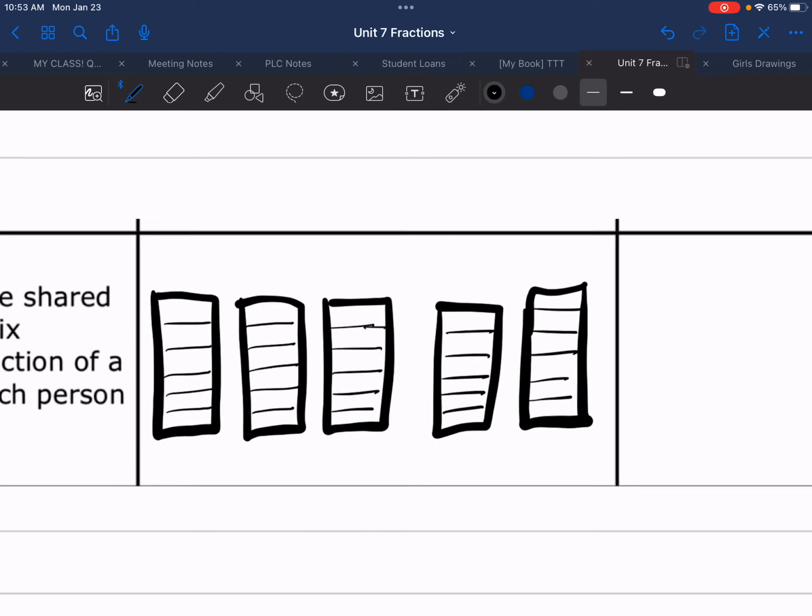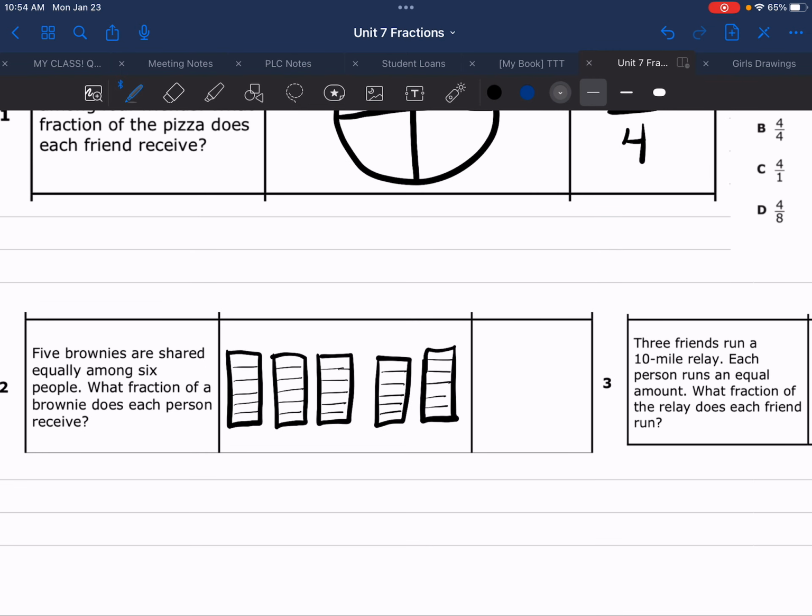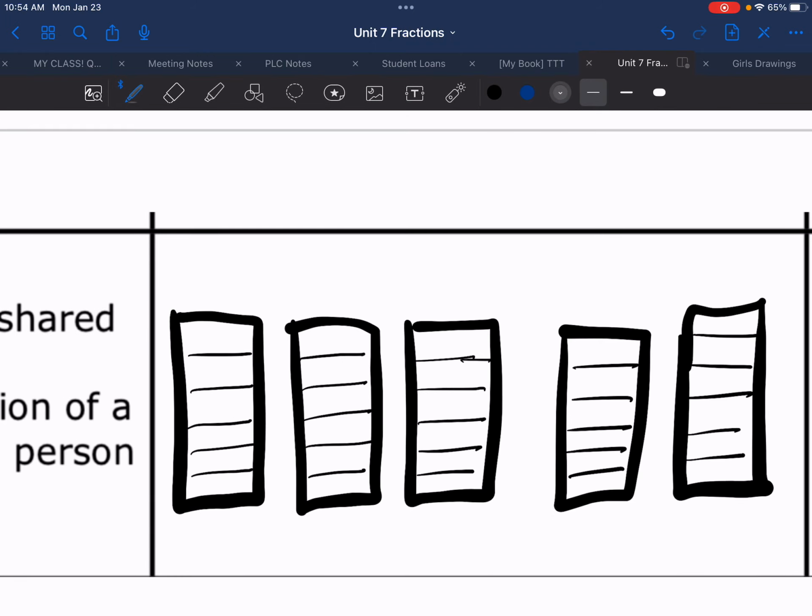Okay, so now let me write in each one. So it says that 5 brownies are going to be shared among 6 people. So let's see. I got person 1, person 2, person 3, person 4, person 5, and person 6. Each one of these brownies has to be split 6 ways.